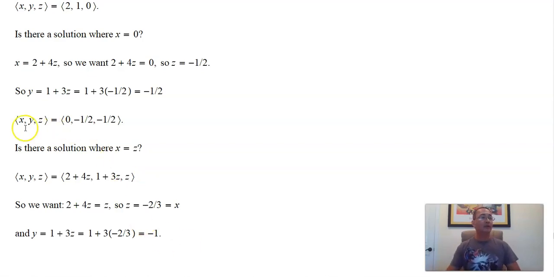So our solution vector is going to be x and z are both negative 2/3, and y is negative 1. Okay, so that is our solution vector. Let's label it over here.